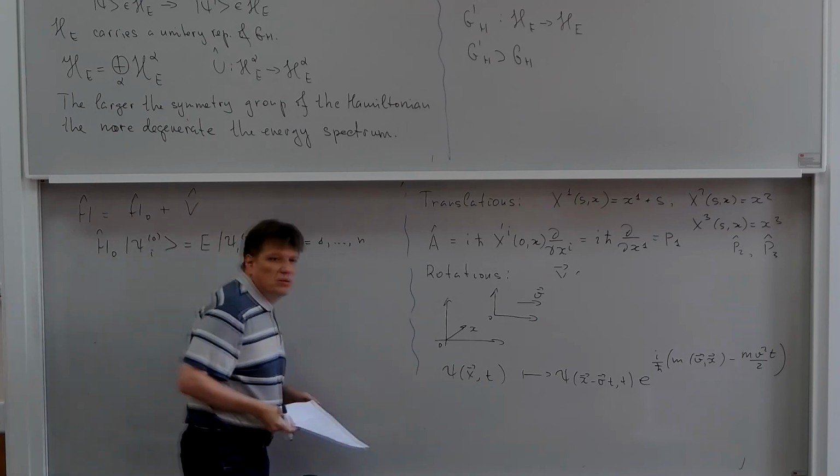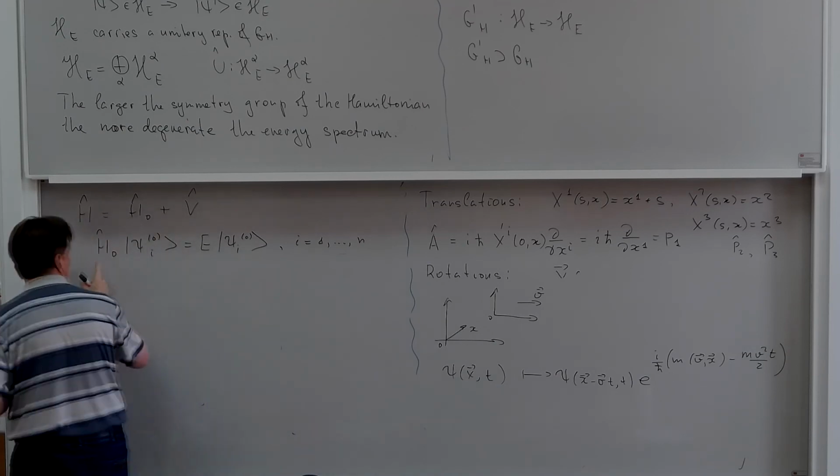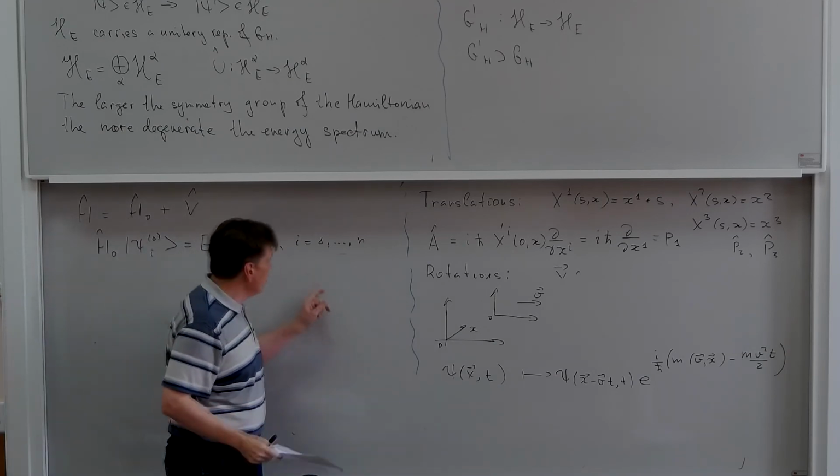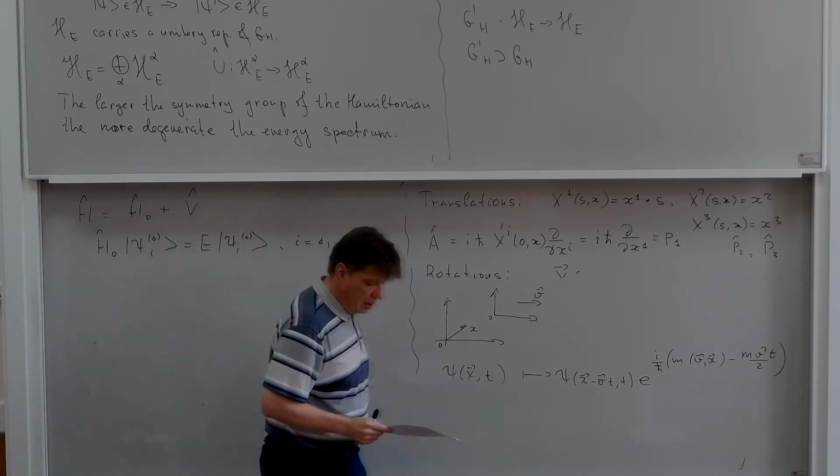Let us suppose, for simplicity, that the eigenvalue E of the operator H naught has a finite multiplicity n, finitely degenerate.